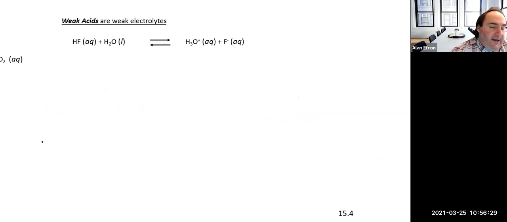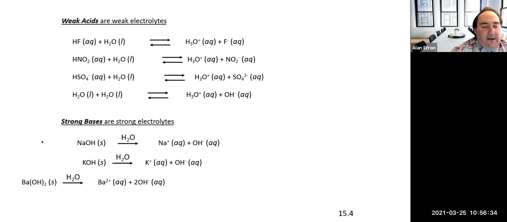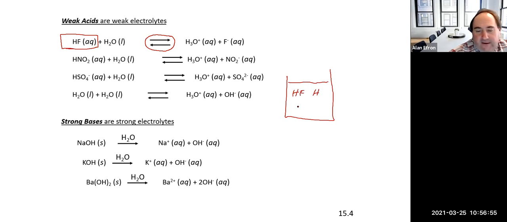Weak acids, on the other hand, are reversible reactions. So we have those arrows heading in opposite directions here. And they're basically weak electrolytes. What that means is, in the case of, say, HF, it is mainly going to stay together. So in solution, you would mainly have HF units floating around, but you'll produce a few ions floating around in the solution.